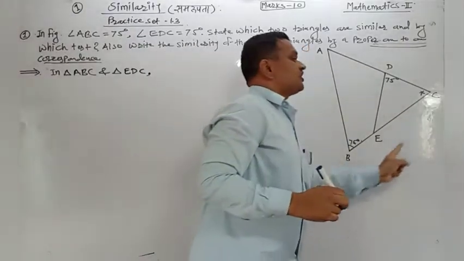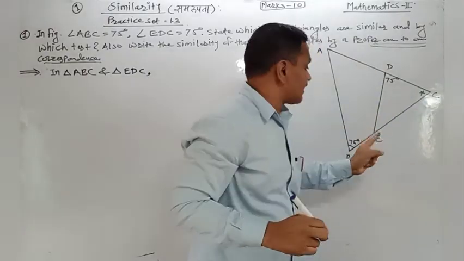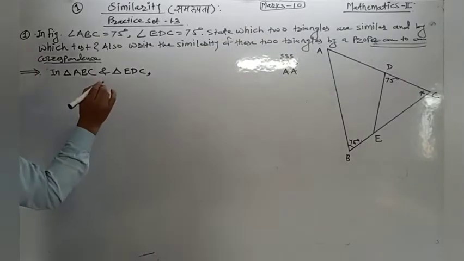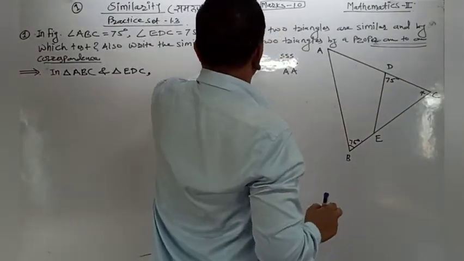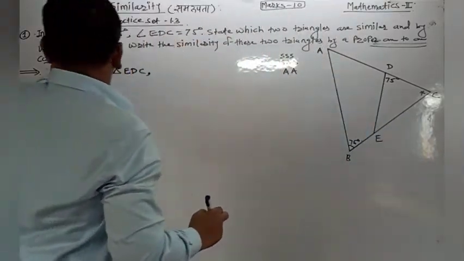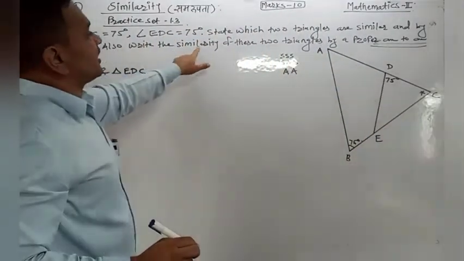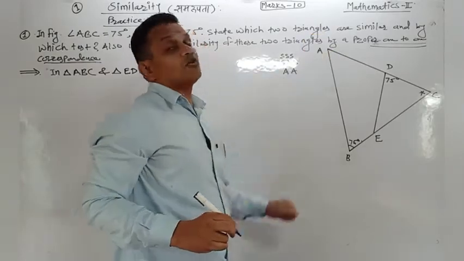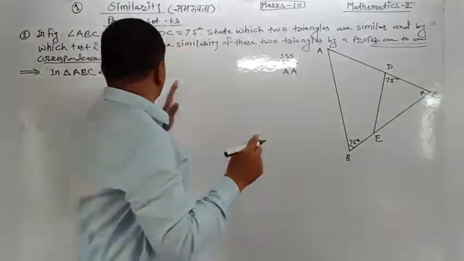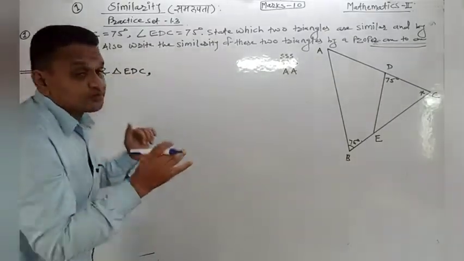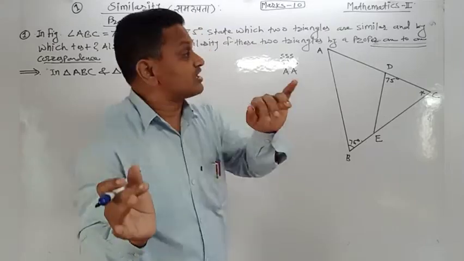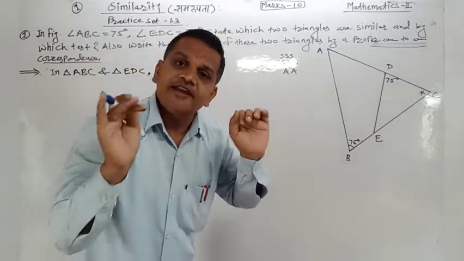Angle ABC is congruent to angle EDC. Correspondence is important here. State which of the two triangles are similar, triangle ABC and triangle EDC, by which test, and also write the similarity of these two triangles by proper one-to-one correspondence. Which is the one-to-one correspondence? One-to-one correspondence between the vertices of two triangles is included in the names of the two triangles.